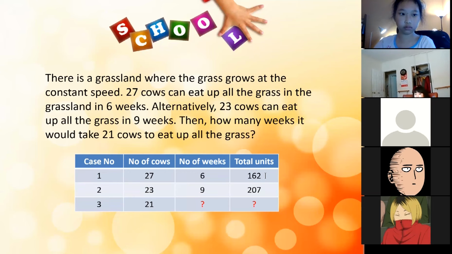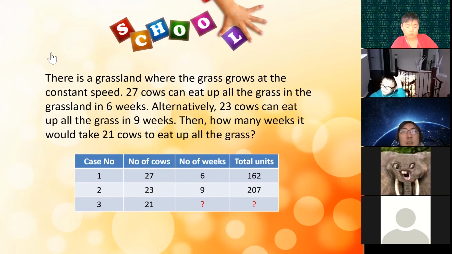Grace, can you find the new grass? So it's 27 cows eat 6 weeks. How many units of grass have been newly grown over the 6 weeks?